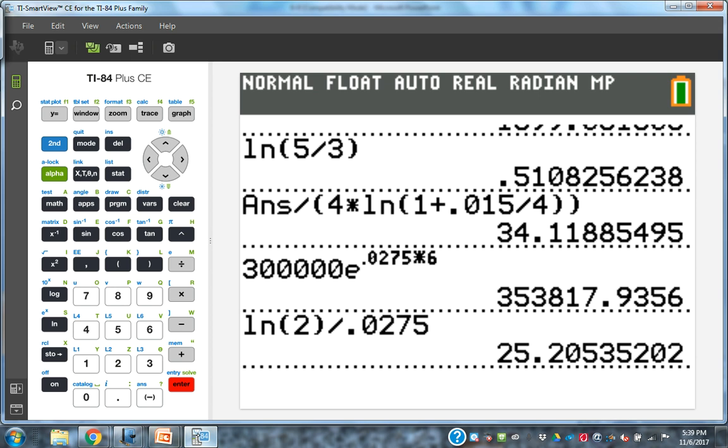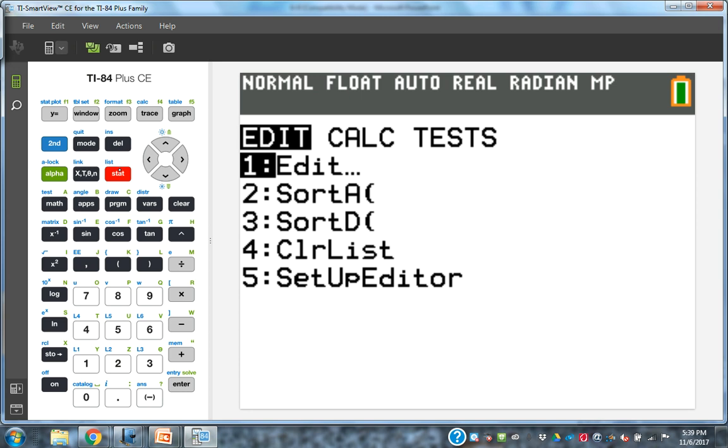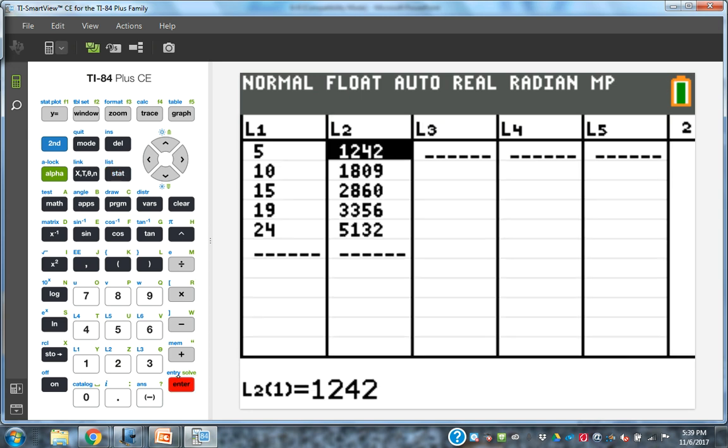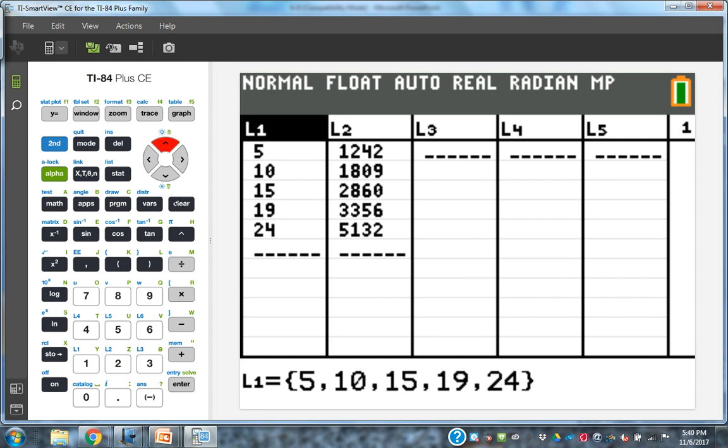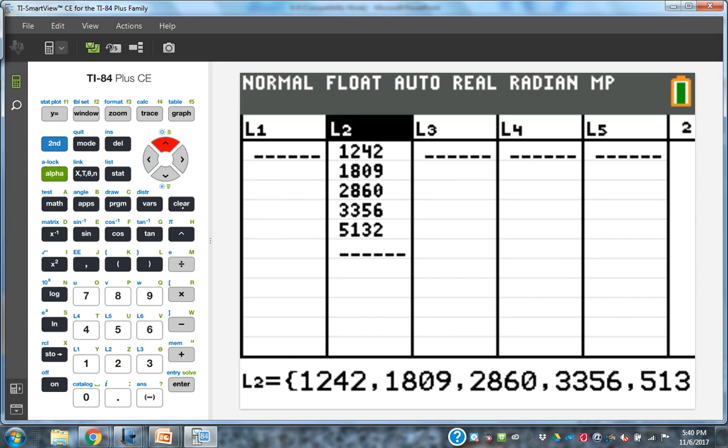Okay. So, graphing calculator. I'm on the home screen. I'm going to hit Stat and then Edit. And I want to clear out list 1. So I'll press Up, Clear, Enter. And that'll empty that list. And I'm going to clear out list 2 the same way.